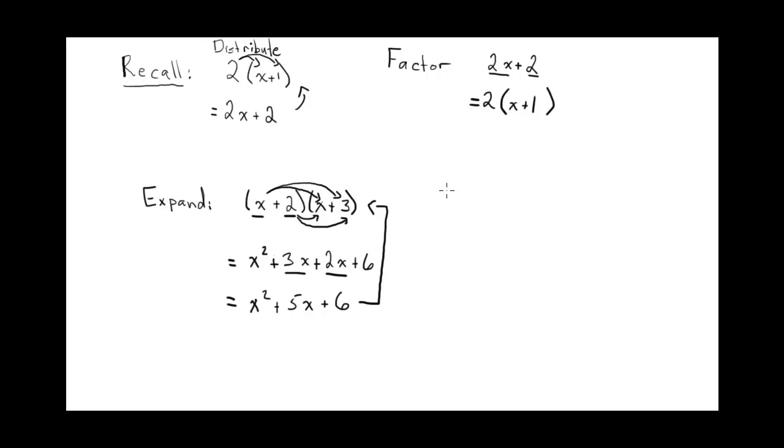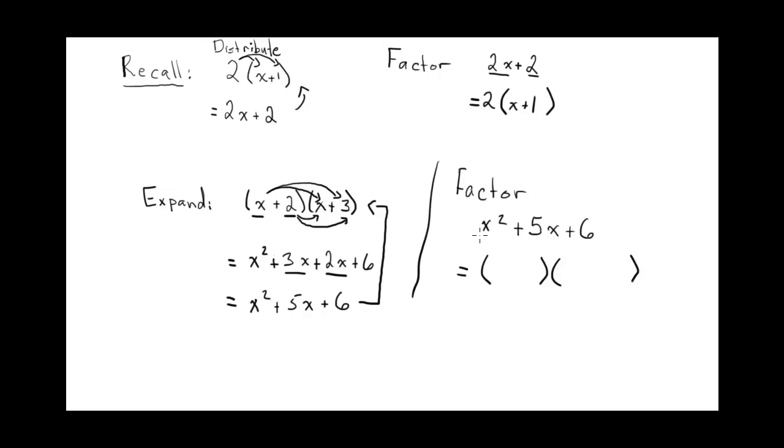Okay, so let's say we're asked to factor x squared plus 5x plus 6. Well, we actually know the answer in this case, but let's just see how we'd get this answer. So we know that it's going to be 2 binomials multiplied together.